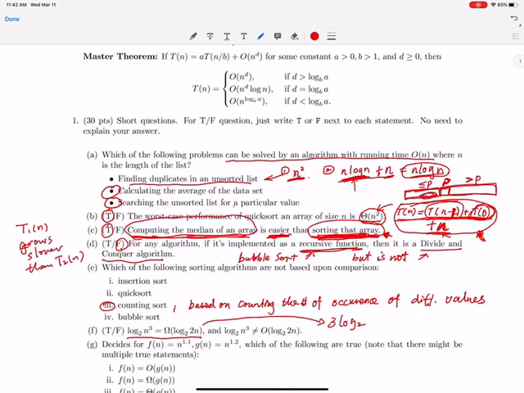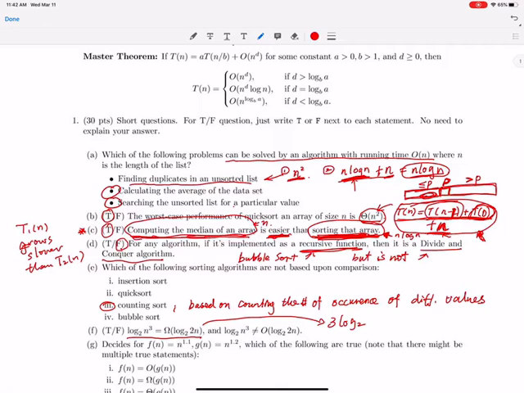In this case, the problem requires n log n running time, and computing the median, the complexity is n. So therefore, this statement is true, but I probably will not test this one, given that we didn't really look at the selection problem.